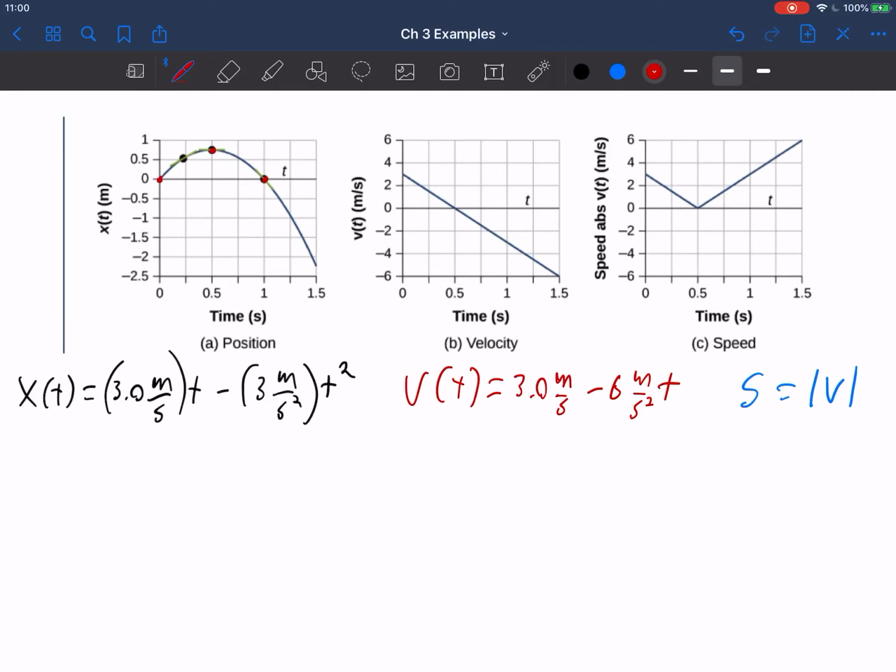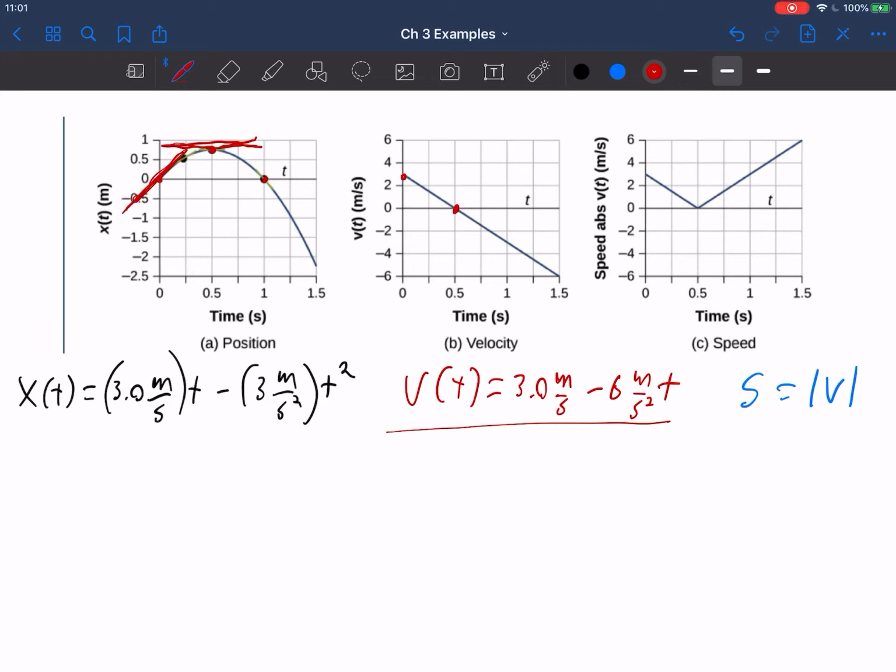From the velocity versus time graph, it should match our equation for velocity versus time, where at time equals 0, we have a velocity of positive 3 meters per second, right, and that corresponds to the slope of the tangent line at that moment in time of our position versus time graph. At time equals 0.5 seconds, we've stopped. Right, so we've slowed down at a continuous rate from our initial speed of 3 meters per second till the time we get to 0.5 seconds, and that corresponds to the slope of the tangent line at that location on the position versus time graph.